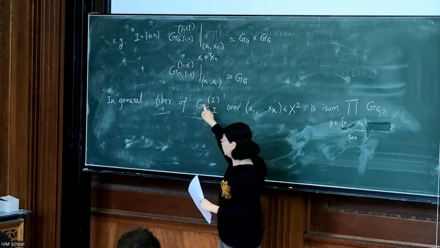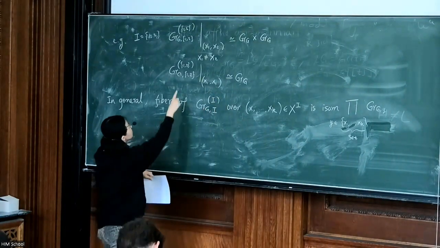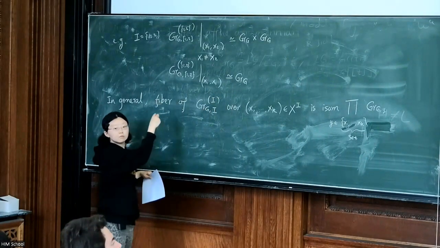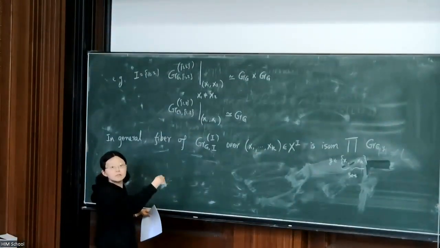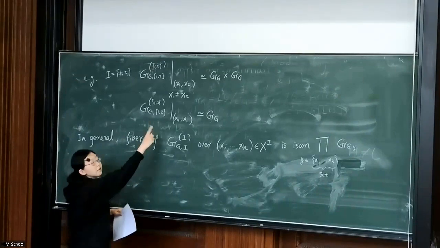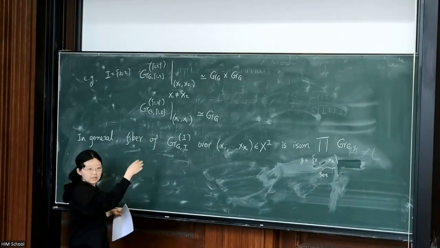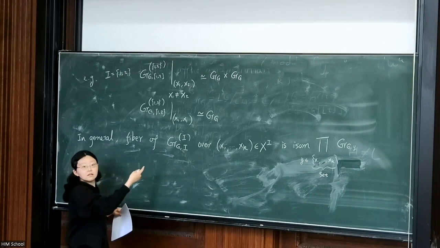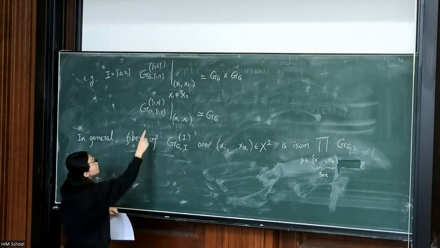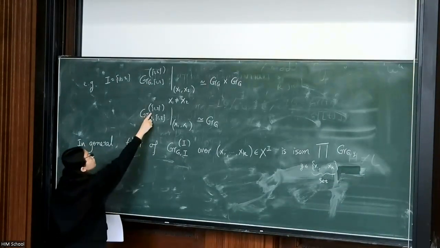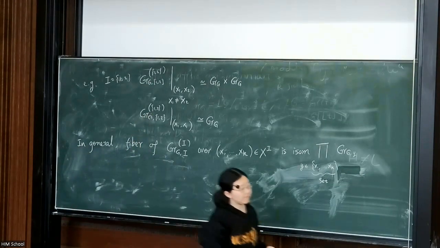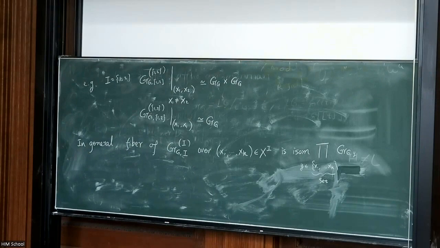In that case, this classifies 2 points and a modification outside these 2 points. And when these 2 points are equal, you just have a modification outside the point. In this case, you only have one. And remember, this one is this one.